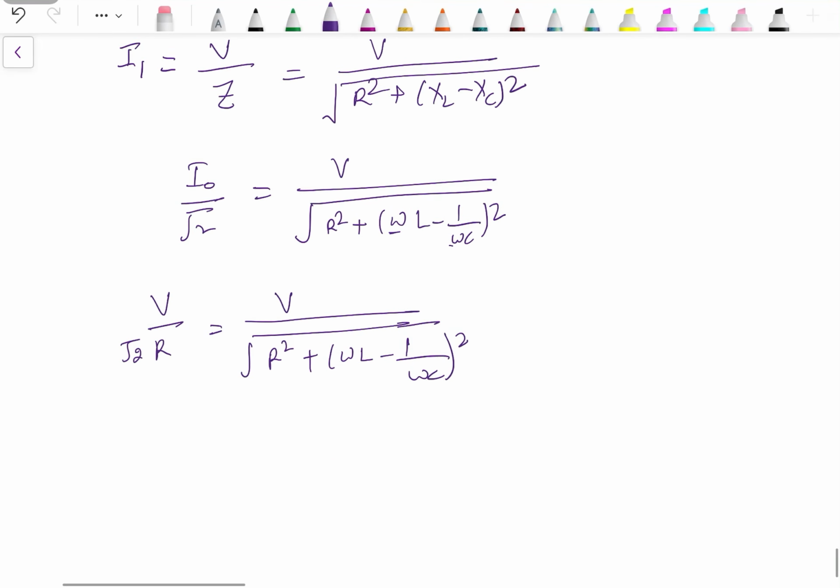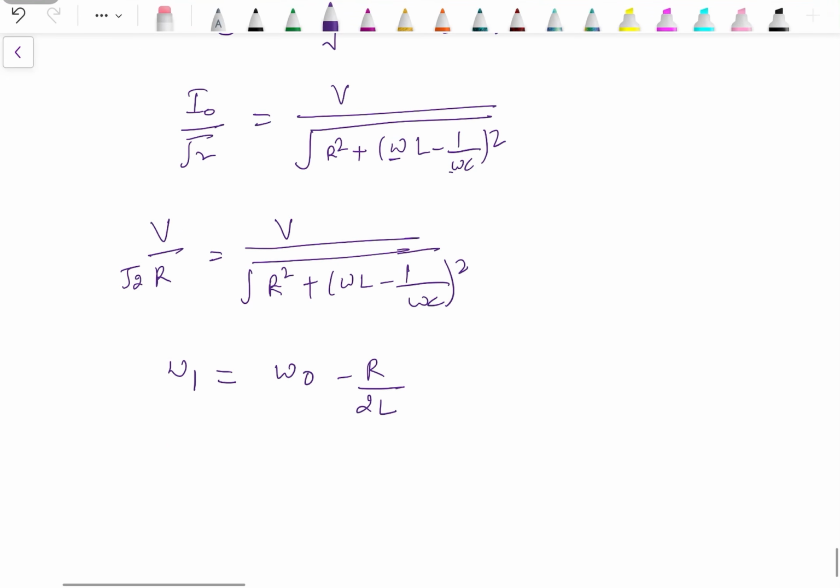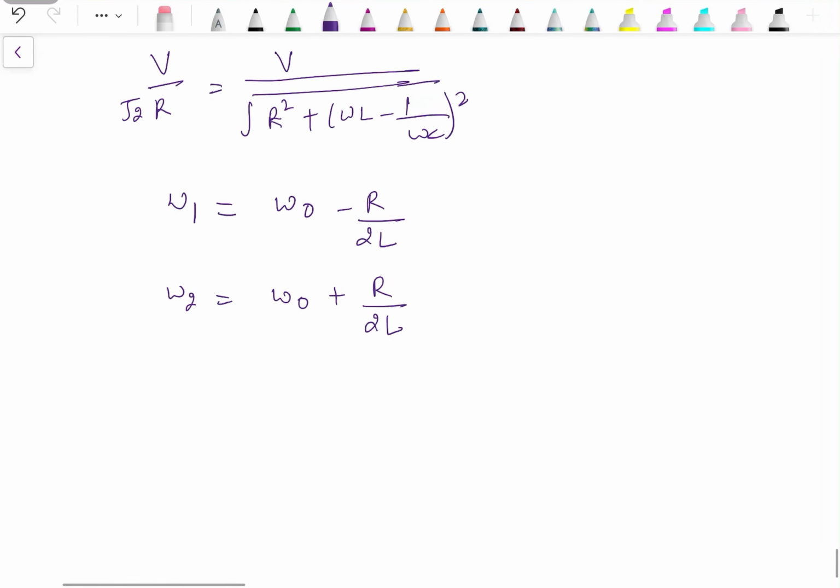When you solve this equation and find the two values of frequency, omega 1 comes out to be omega naught minus R by 2L. You can find these derivations in any of the books. Omega 2 is omega naught plus R by 2L. And the bandwidth is the range of frequencies where the power delivered to the resistance is either half of the power at resonance or more than that.